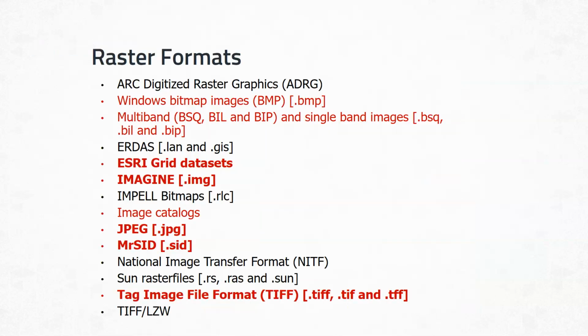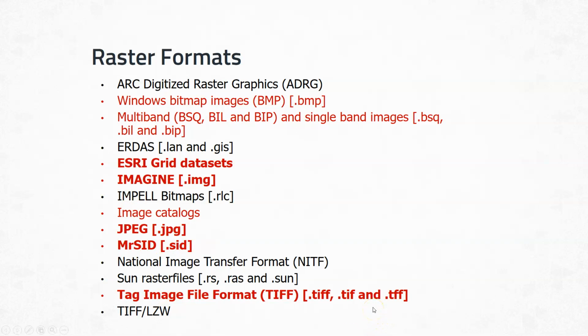So last, I just want to finish this up by talking about some raster formats that are out there, so that when you see these file extensions, you know what they are, and you don't let them unnerve you. The most common raster file extensions are the ones that I have bolded in red, like the JPEG, which you're all familiar with because non-geospatial data also uses JPEG and TIFF.